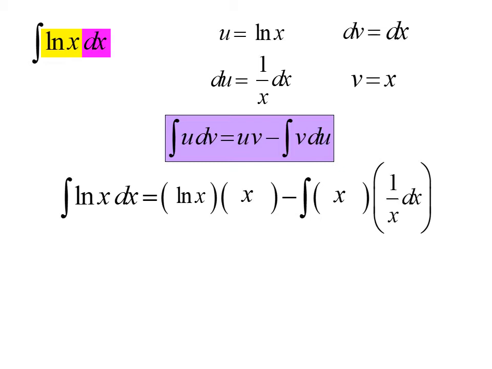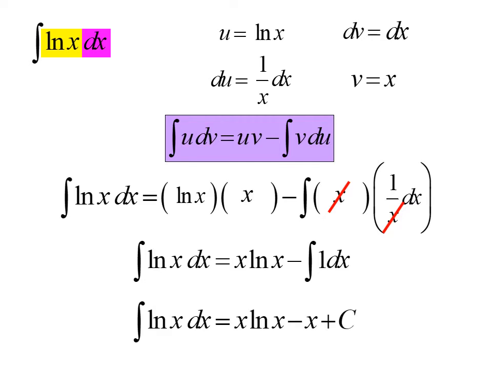Over here on the right, where the integral sign is, we still need to do that integral. And again, we kind of keep our fingers crossed that we do indeed come out with an integral that we can do. I'll show you when that doesn't happen in the next example. So here, the x's cancel, and we get just the integral of a 1 dx, which is x.